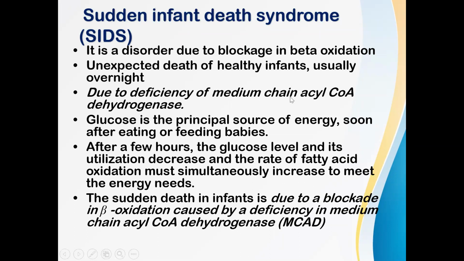If there is a deficiency of the enzyme acyl-CoA dehydrogenase, that will lead to the blockade of beta oxidation. When there is a blockade of beta oxidation during the phase of decreased glucose levels, there will not be sufficient energy to meet the requirements. That will lead to sudden death in infants.